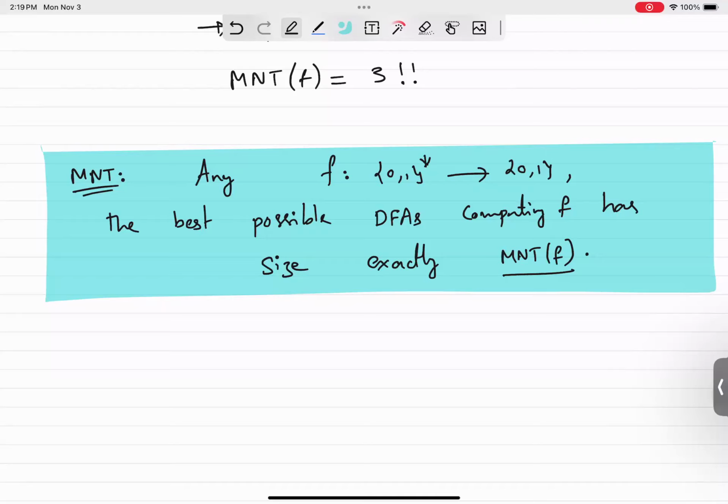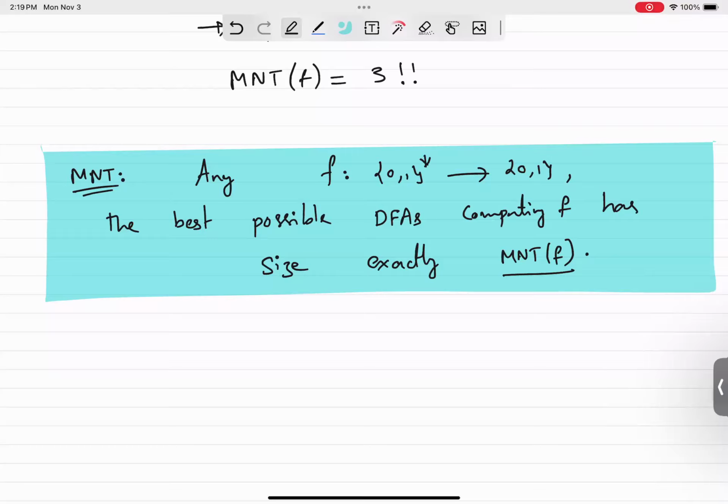There is this number, which is the maximum number of strings that I can find so that no two are comparable. And whatever that number is, that's the exact number of states you need, and that suffice, to compute that function. In fact, it also goes on to tell you how to draw the transition diagram and so on. But just the fact that there is this precise characterization of the complexity is very nice.